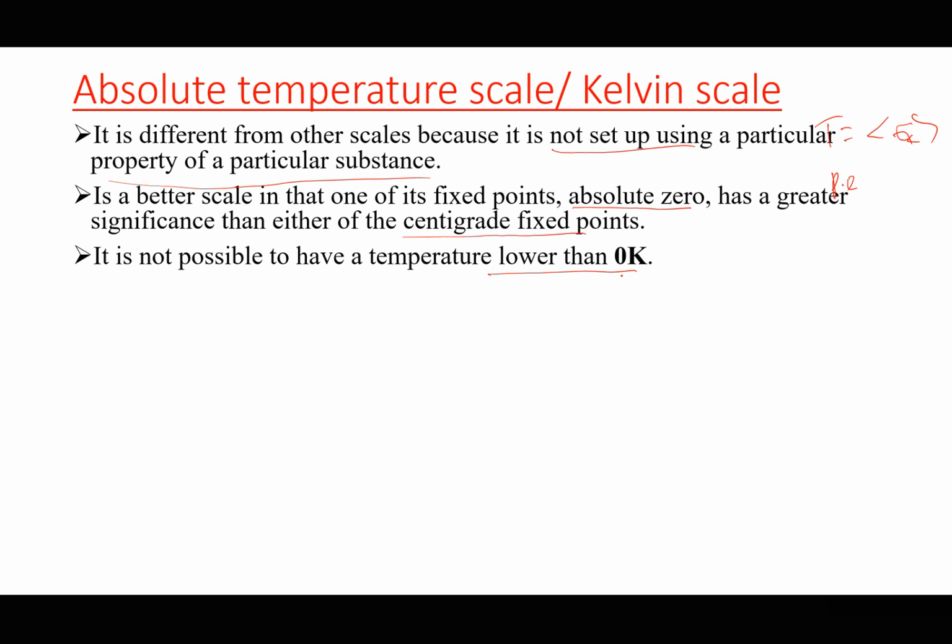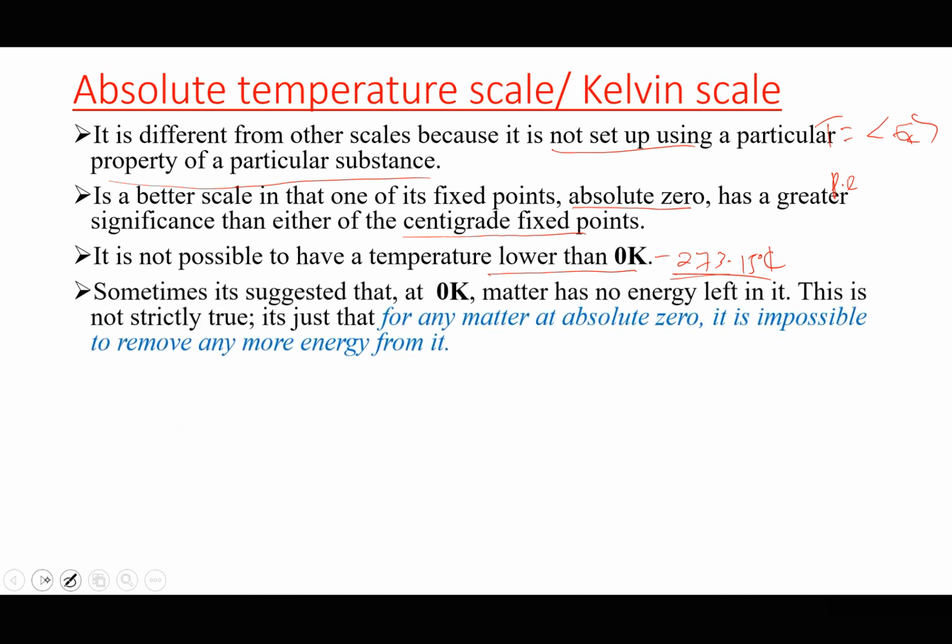We believe it is the smallest we can reach. We cannot have a temperature less than negative 273.15 degrees Celsius, which is called the absolute zero on the Kelvin scale. Number four, although sometimes people suggest that at 0 Kelvin matter has no energy, I say that is strictly not true.